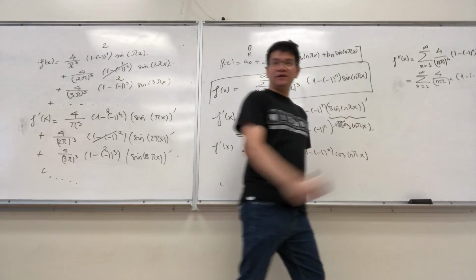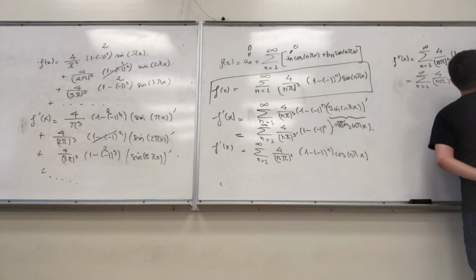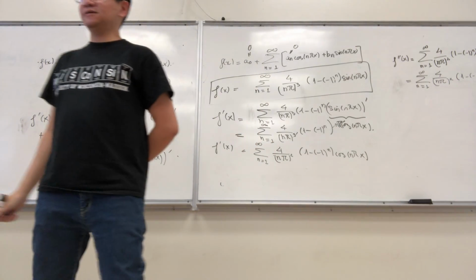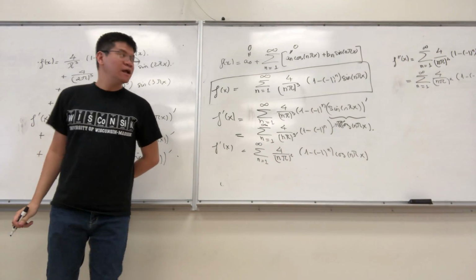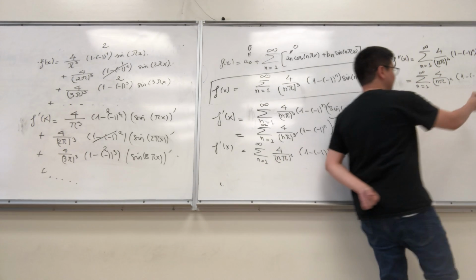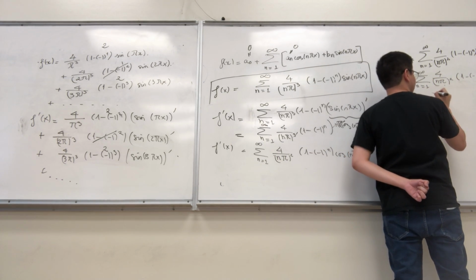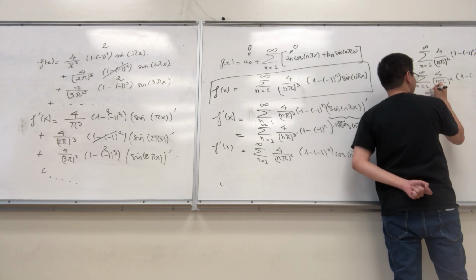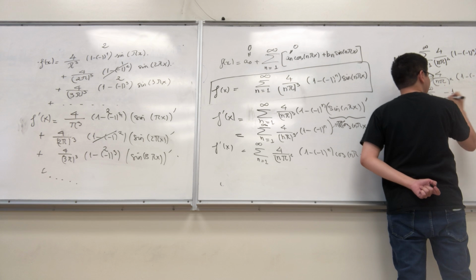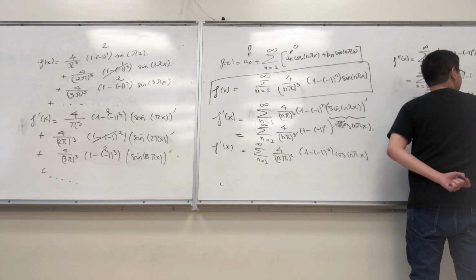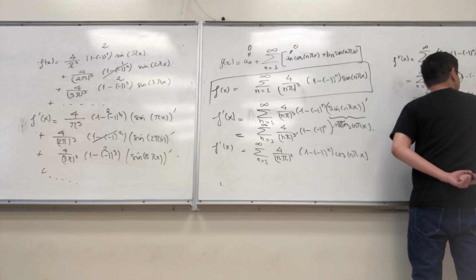I keep everything, except that here I replace the prime by minus n pi sinus. So here I have an n pi, here I have n pi, so I put the sum when n is going from 1 to infinity of minus 4 over n pi, 1 minus 1 to the n, sinus n pi x.